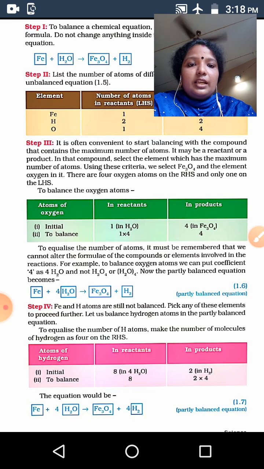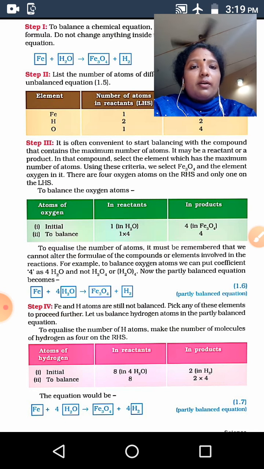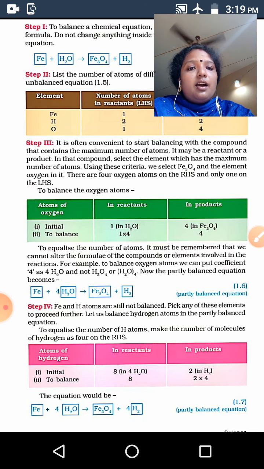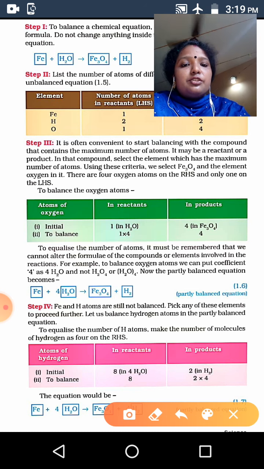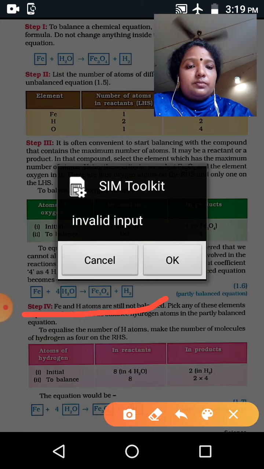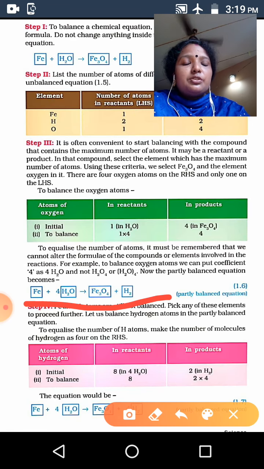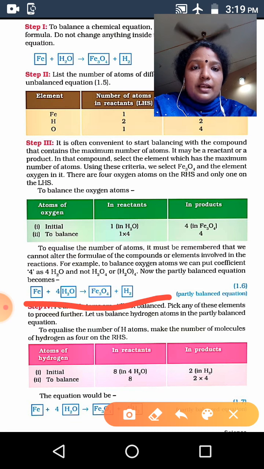Then we get 4H2O, and the number of oxygen in the reactant side and product side will be the same. Then our equation will become Fe plus 4H2O gives Fe3O4 plus H2.